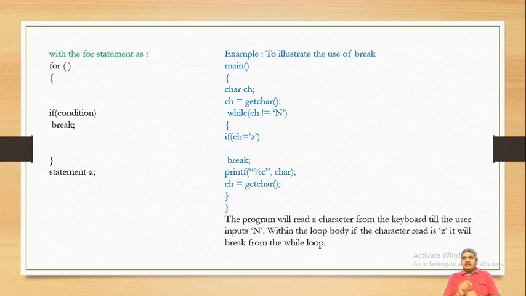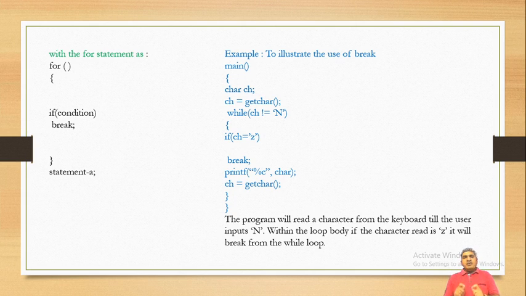Then there is one condition: if ch is equal to z, and this condition is true, then break. printf %c, because we use c for a character, then comma ch, then ch is equal to getchar.